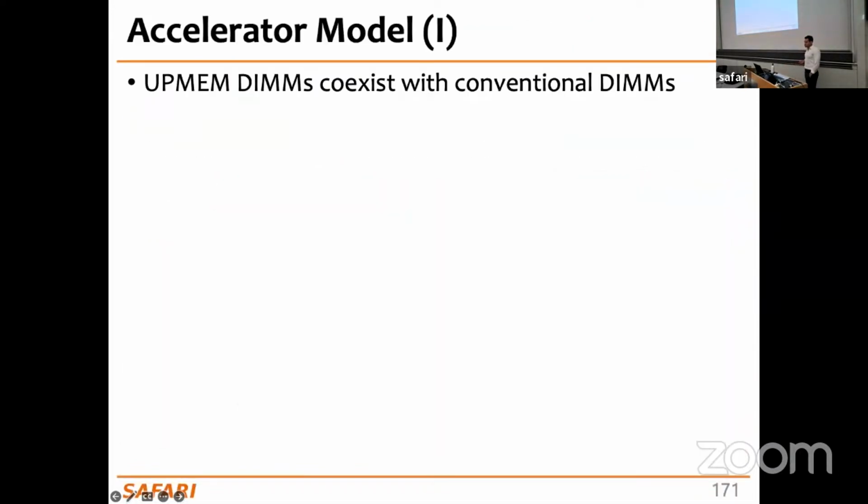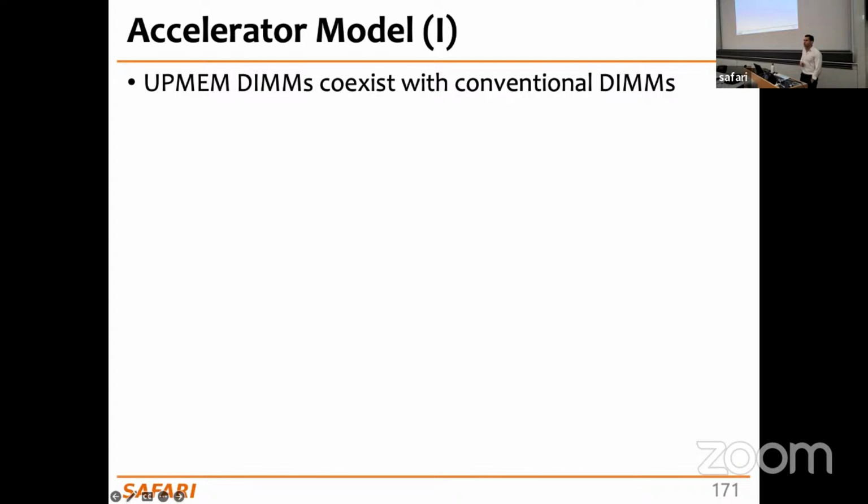So I'm going to give some details on this architecture, and this is going to be the baseline architecture that you're going to use on Lab 3. So the UPMEM architecture follows an accelerator model.